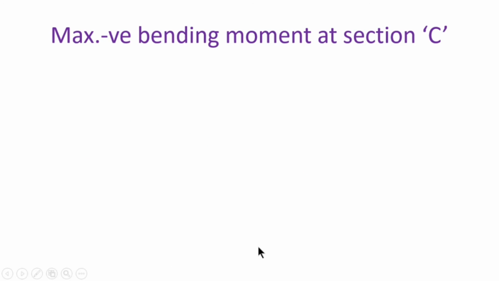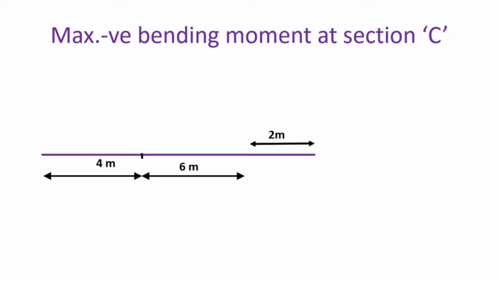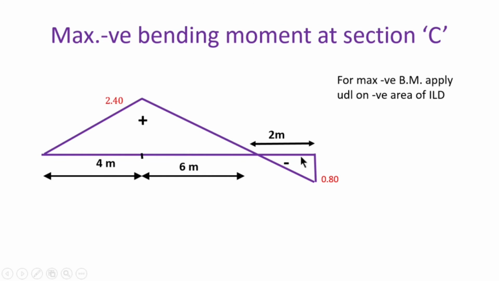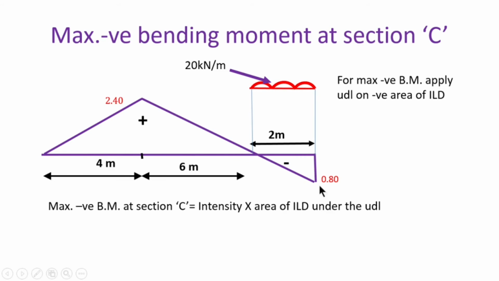Next is the maximum negative bend moment at section C. So this is our ILD. Now for the calculation of maximum negative bend moment, apply the UDL over the negative area of the ILD. Here this 2 meter length is the only negative area. So we apply the UDL on the negative area, considering only the negative area. So the maximum negative bend moment at section C is equal to intensity into area of ILD under this UDL.